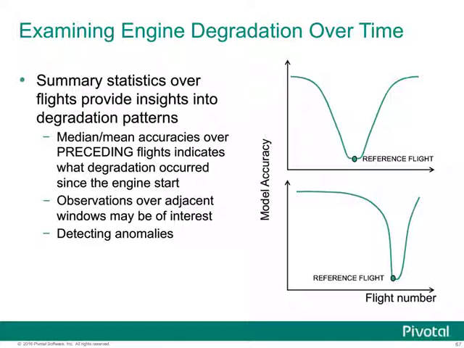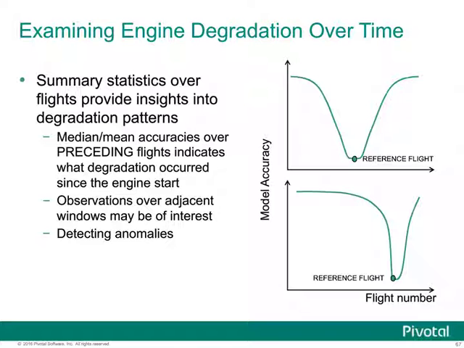We can understand that if we're looking at the mid-range of a healthy engine, yes, it would look dissimilar from flights that are very early coming before or have occurred later, but I'd like to understand what's happening to the engine to be able to understand what happened prior to it. So we can see that there was quite a bit of a difference in the shape, which we're plotting here as a line.